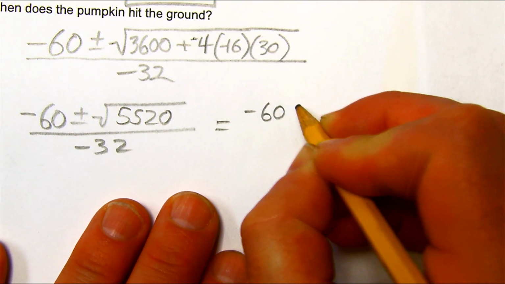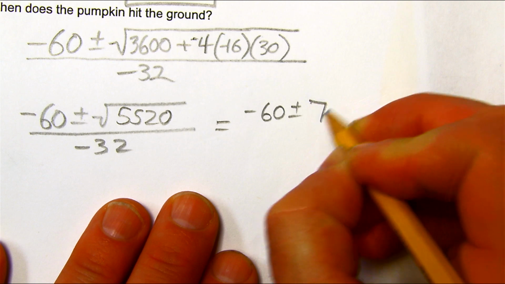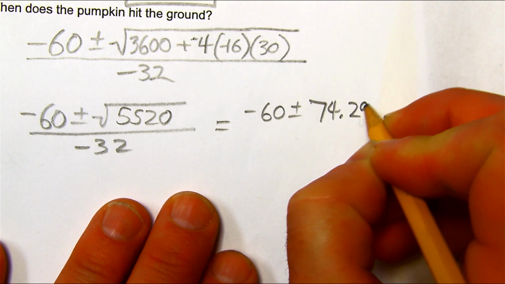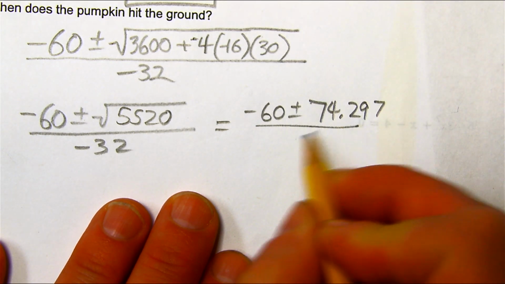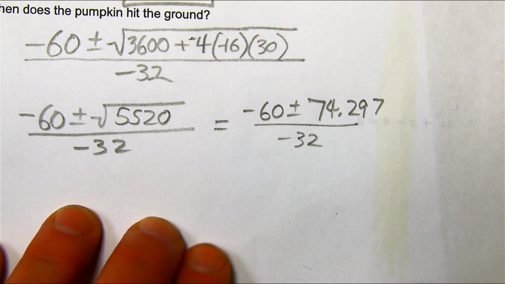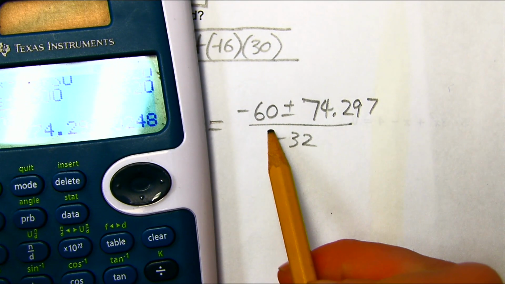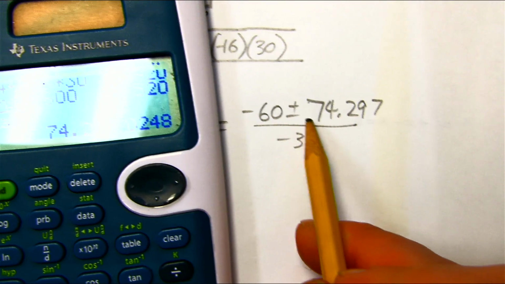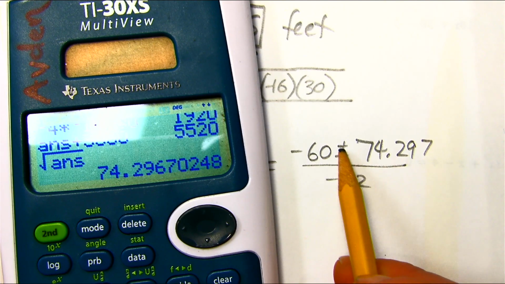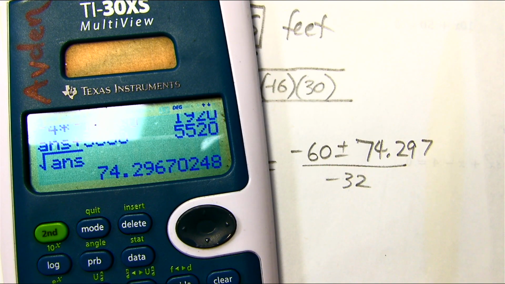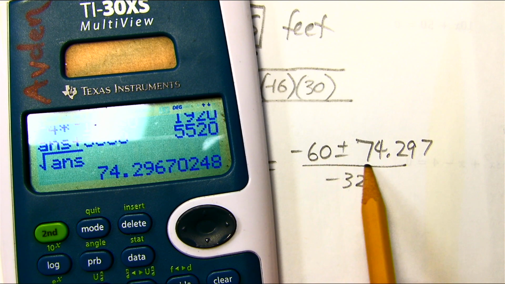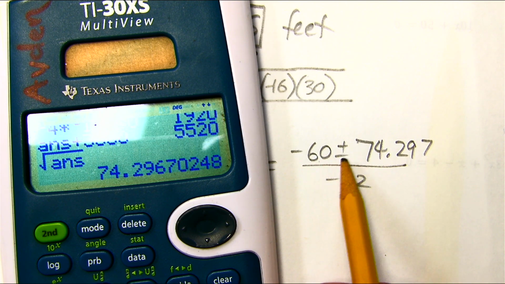This equals negative 60 plus or minus 74.297. Now, we don't want to add because that'll make a positive number, and then we'll divide by a negative number and get a negative amount of time, which is not what we want. So we're actually going to subtract: negative 60 minus 74.